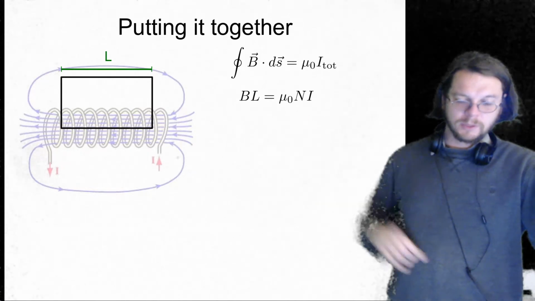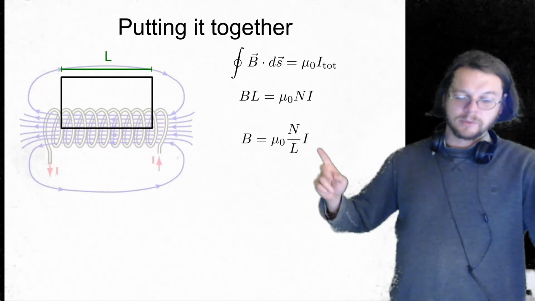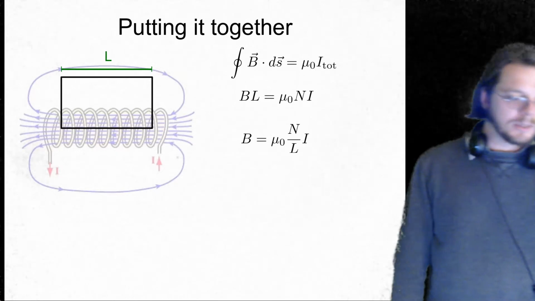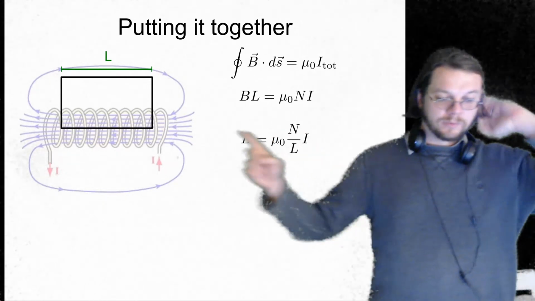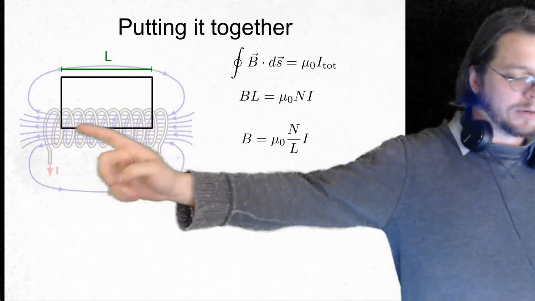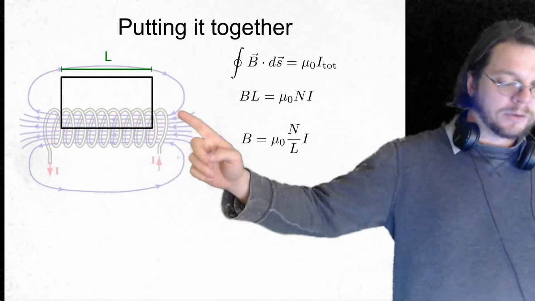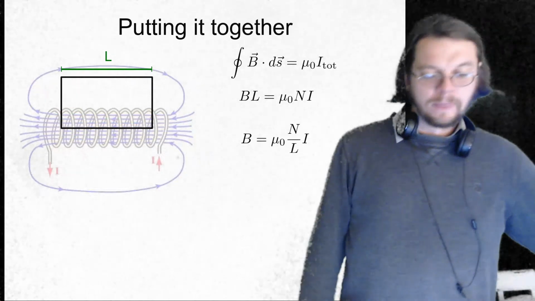Which you can divide both sides by L and get an expression for what the magnetic field should be, given what the current is. The important thing to mention is that this N is the number of times that the current punches through this membrane. Because this is smaller than the full size of the solenoid, we're skipping this one, and we're skipping this one over here.